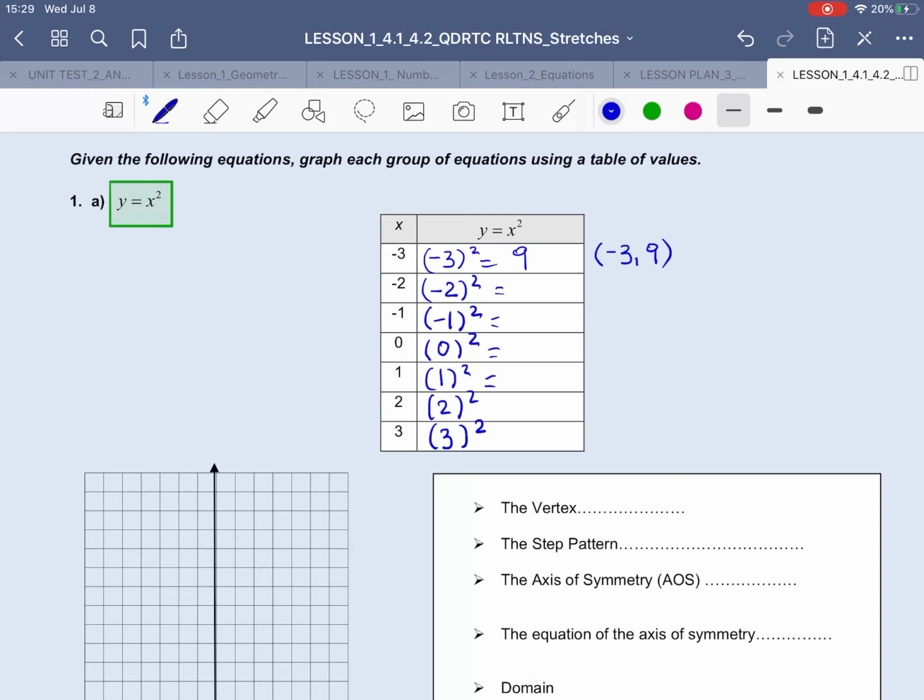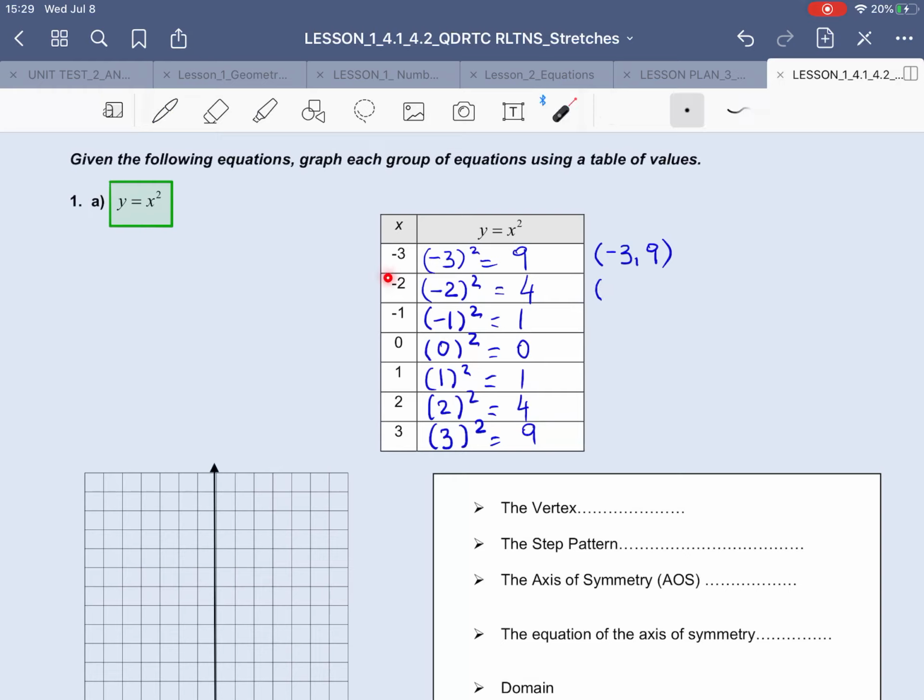And this is the beauty of math, actually. When we investigate things, very often we do the same thing repeatedly, and that makes it easier for us to move on and understand better. So -2 squared is 4, -1 squared is 1, and then 0, and then 1, and then 4, and then 9.